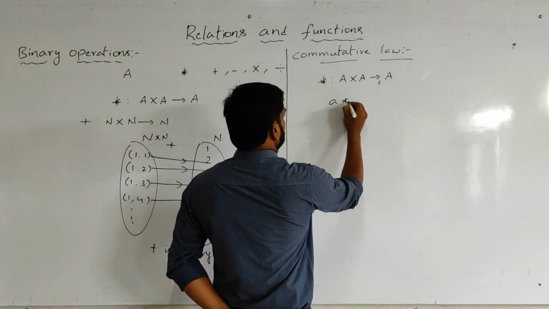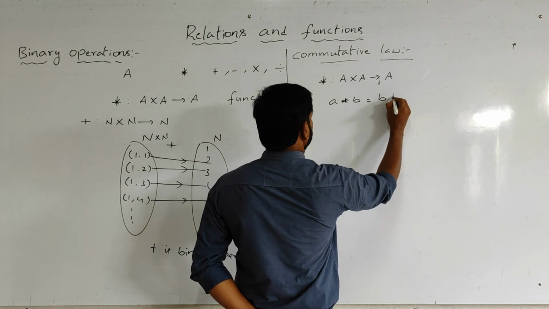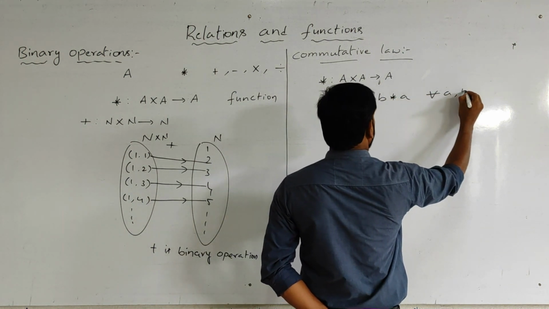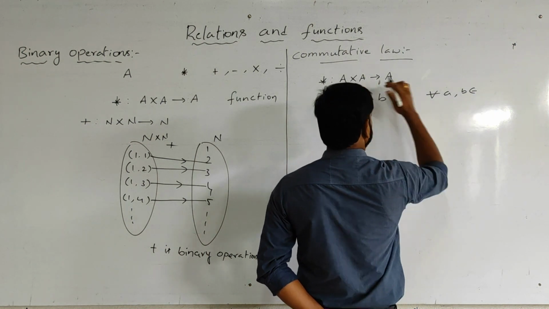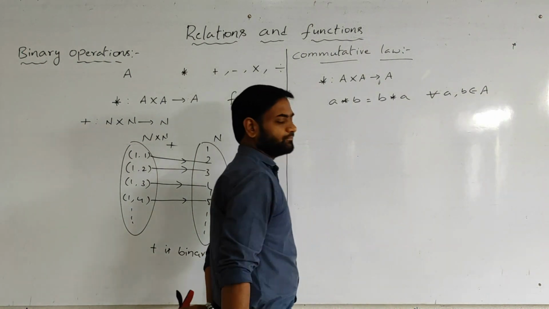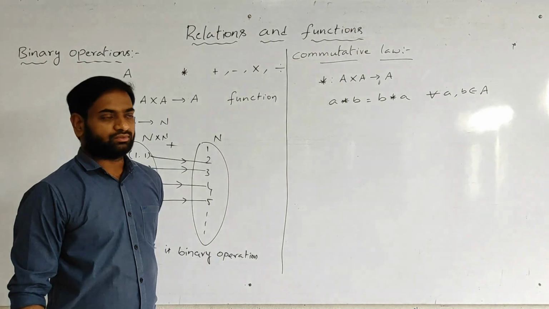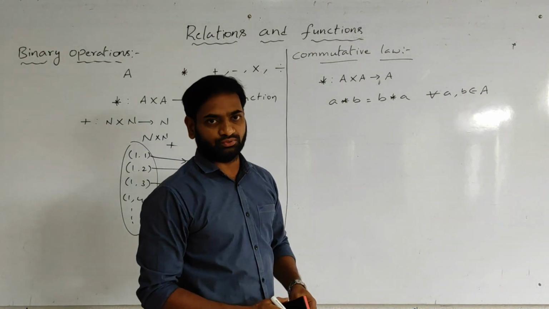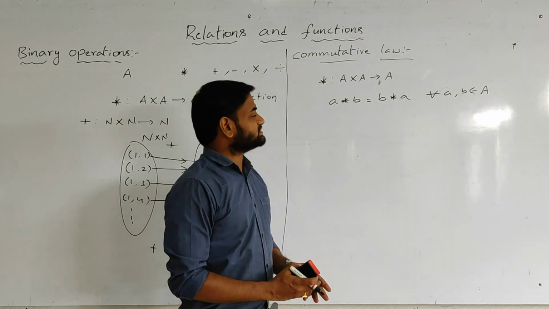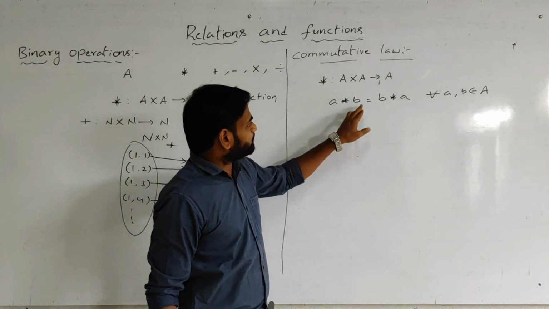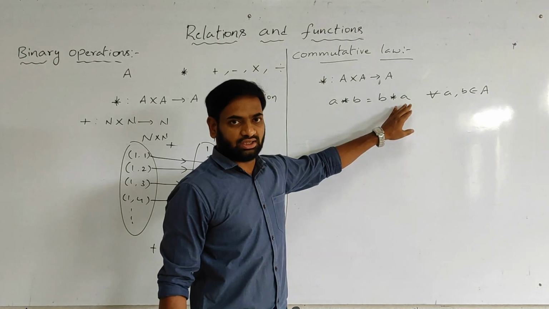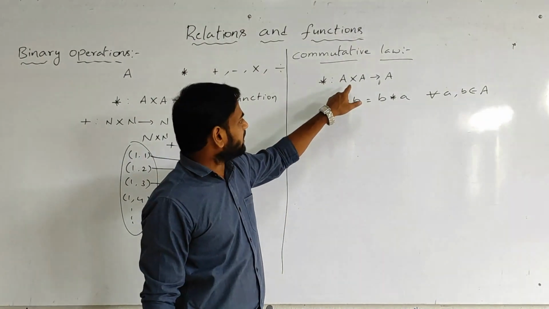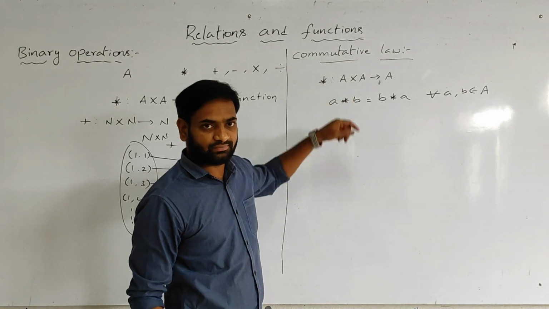When A star B is equal to B star A for all A, B belonging to the set capital A, then we can say this binary operation is commutative. What is the condition for that? A star B is equal to B star A, where A, B should belong to capital A.